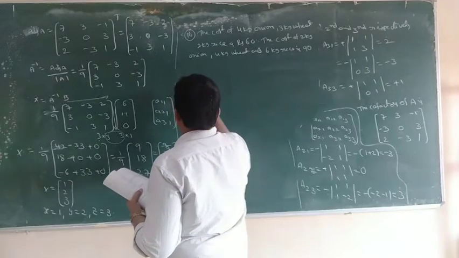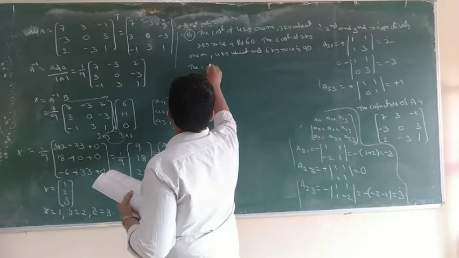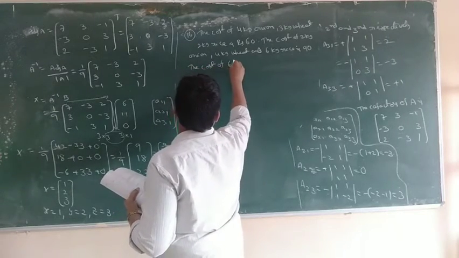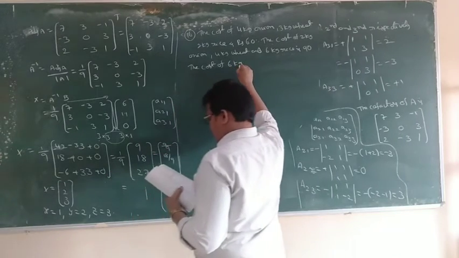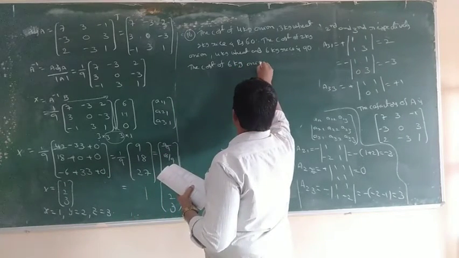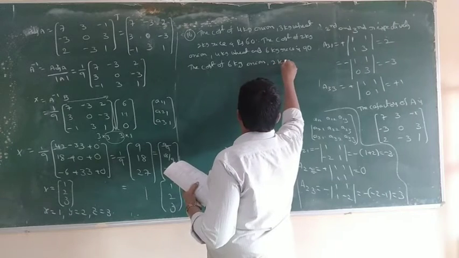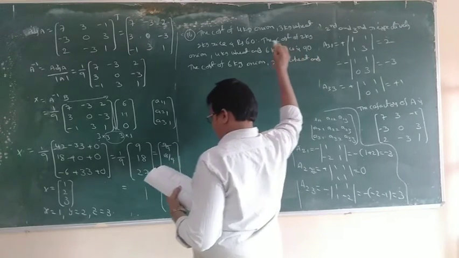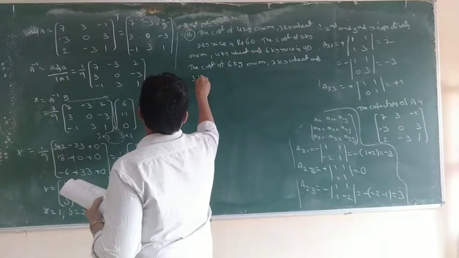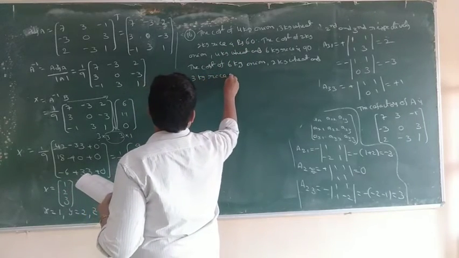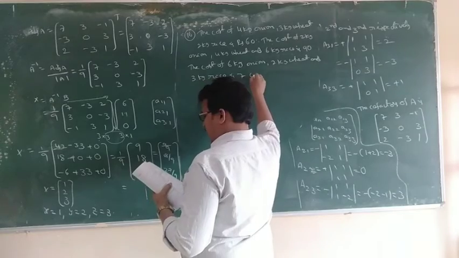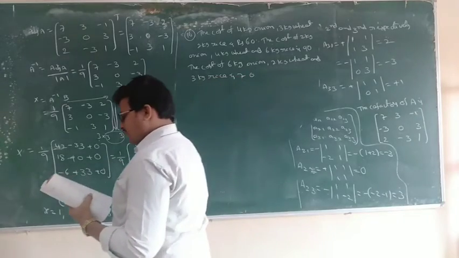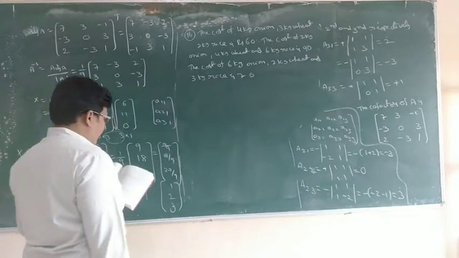Next, the cost of 6 kg onion, 2 kg wheat and 3 kg rice is 70 rupees. Find the cost of each item per kg.